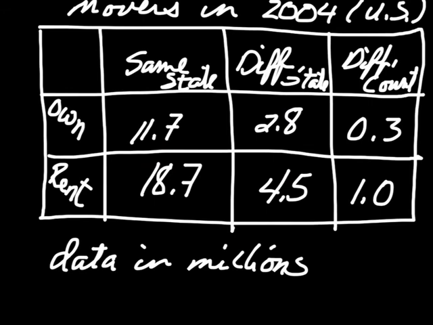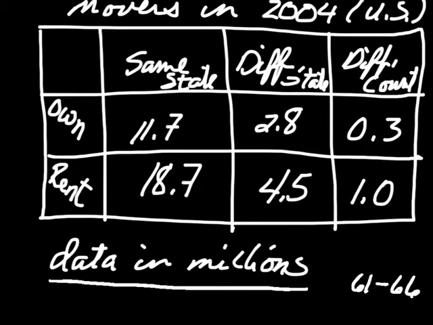So what I am looking at are problems number 61 through 66 in your textbook. And I'm looking at the table which represents the number of people in the U.S. who moved in 2004. And please note that the data is in millions. And so based on that, we know the number of owners of houses who moved in the same state, a different state, or a different country, and the number of renters who moved in the same state, different states, or different countries.